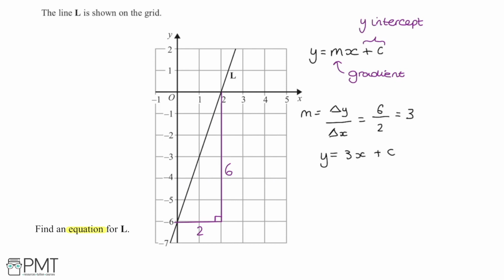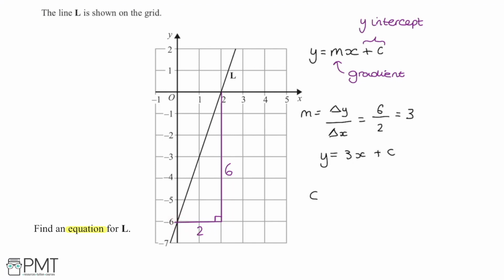Now there's a couple of different ways we could work with this. We could substitute in a value of x and y that's on the line, so a coordinate, and work out c by rearranging that. Or we can simply look at the graph and find the y-intercept, so the c value here. The y-intercept is when x is equal to 0, on the y-axis, where that meets the line L, which is here at -6.